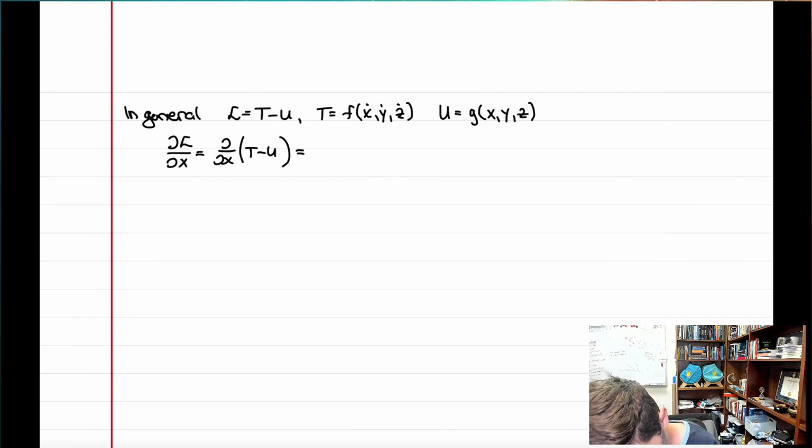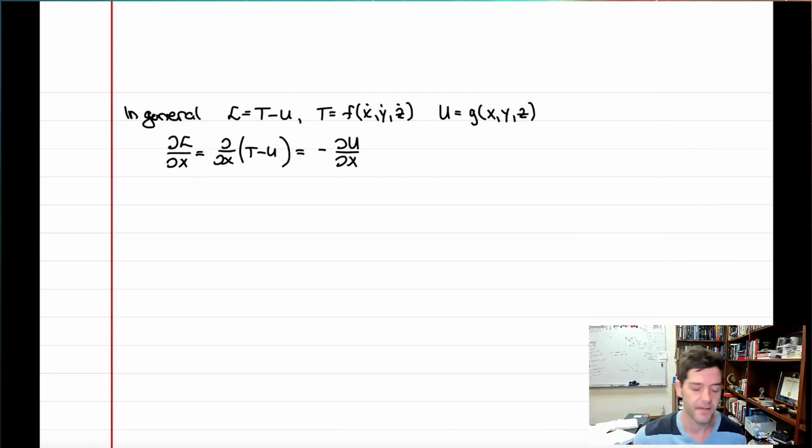So this just becomes negative the partial of U with respect to x. If I do it with respect to y, it becomes the negative partial of U with respect to y. If I do it for z, it becomes negative the partial of U with respect to z.